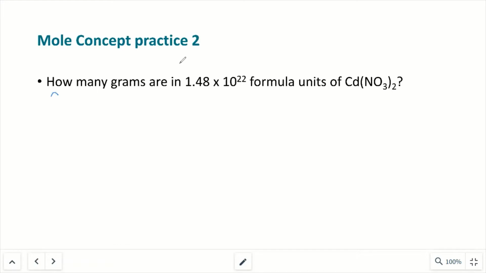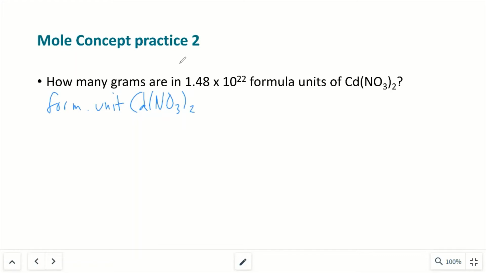So we're starting with formula units of cadmium nitrate. And we're asked to go to grams. So again, we're going from the very, very, very small world of particles to the big world of grams.